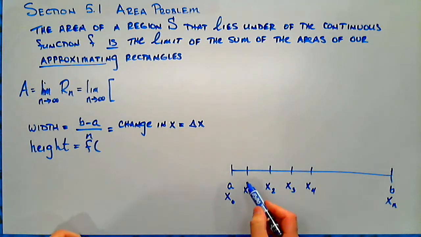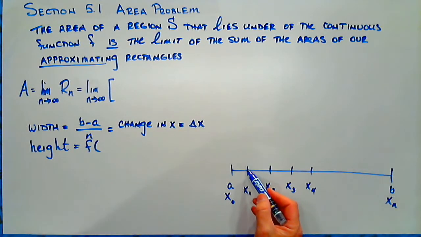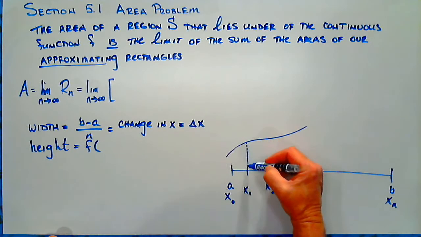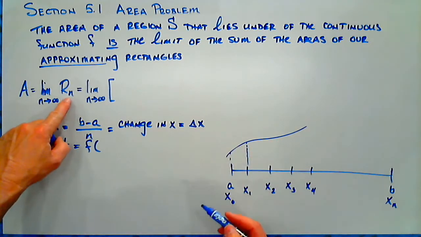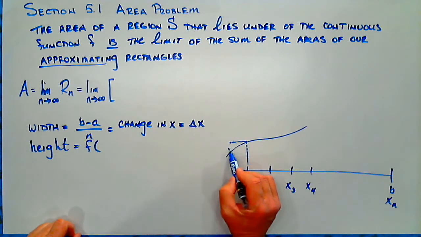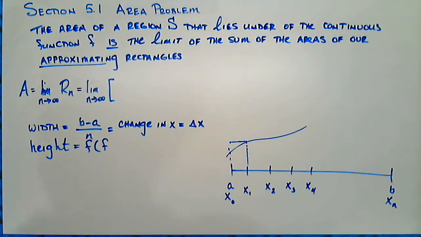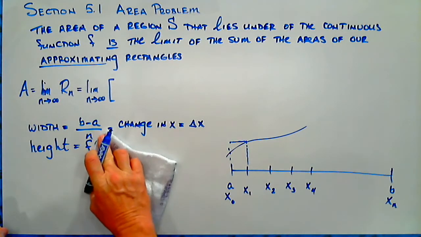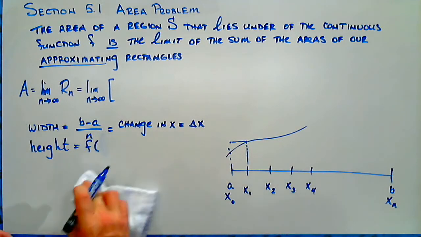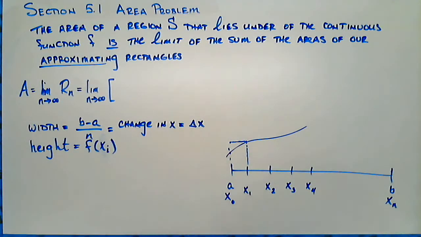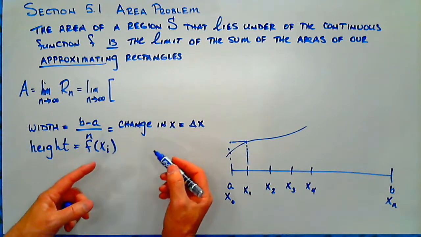So what's our height going to be right here? Because we're using right-hand endpoints, our height is going to be f of whatever x we happen to use. Here it's going to be f of x1, here f of x2, here f of x3.